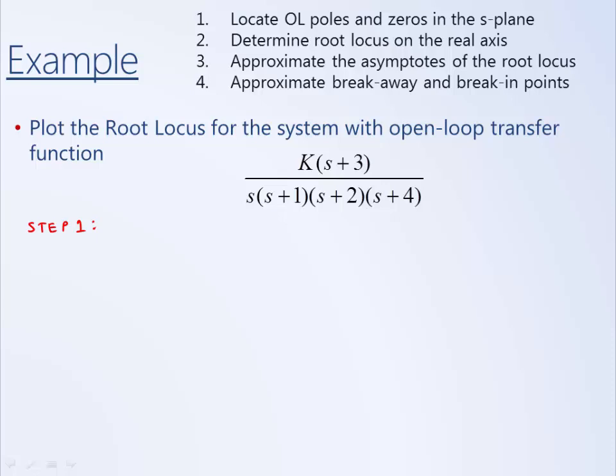The first step, we're told, is to locate open loop poles and zeros in the S-plane. By inspection we can see that we have a 0 at -3. By inspection we can see that we have 4 poles, 1 at 0, 1 at -1, 1 at -2, and 1 at -4.